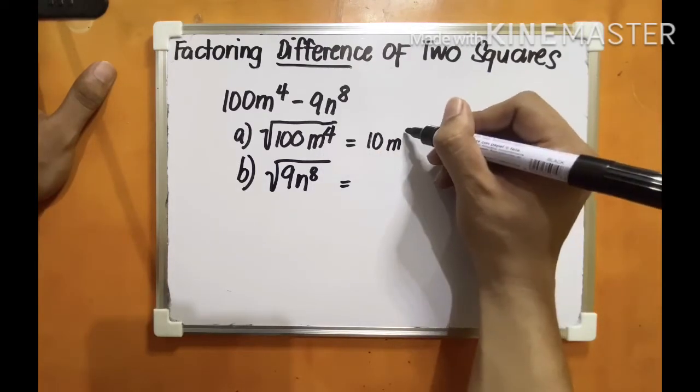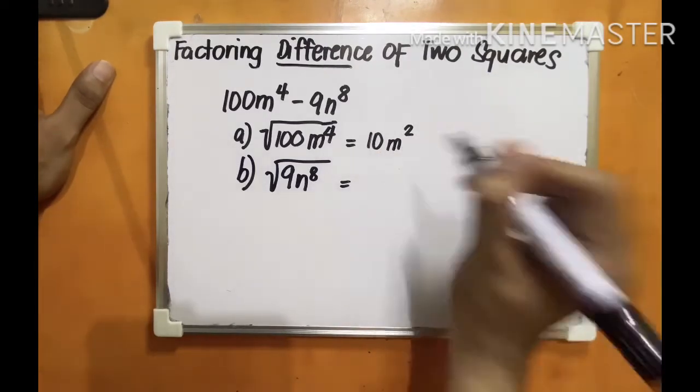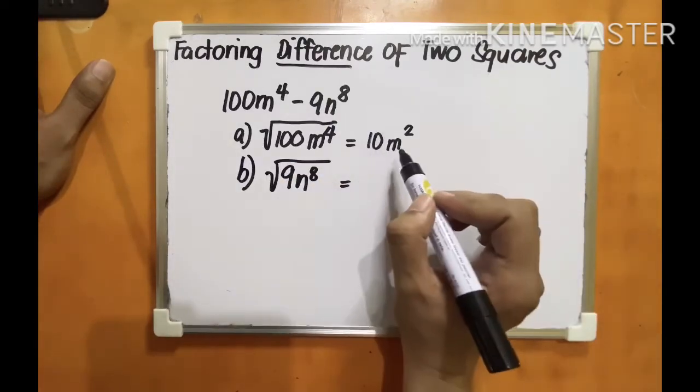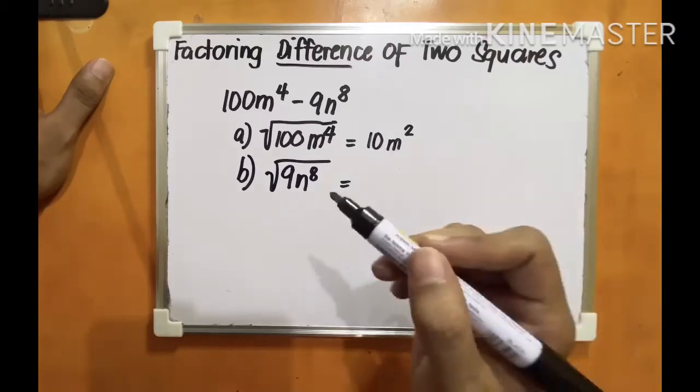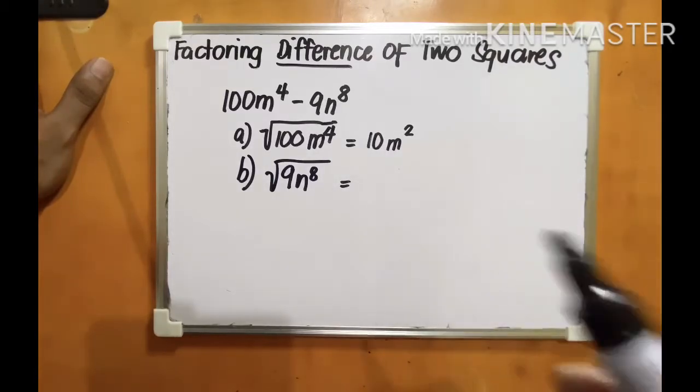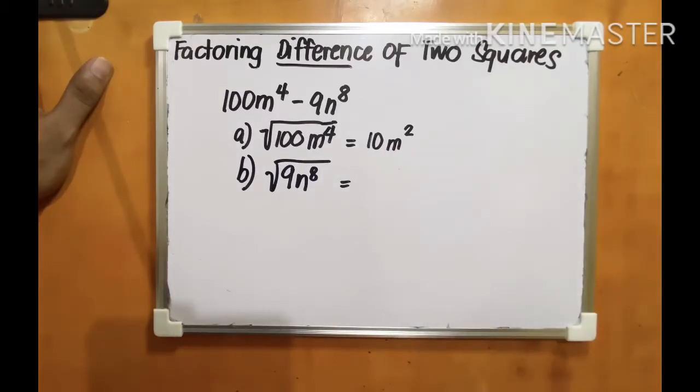So 4 divided by 2 is 2. So the answer is 10m squared. Make sure you have the perfect square table like 1 times 1, 1, 2 times 2, 4, 3 times 3, 9, until 25. So you have the reference. Or you can easily memorize and easily recall.